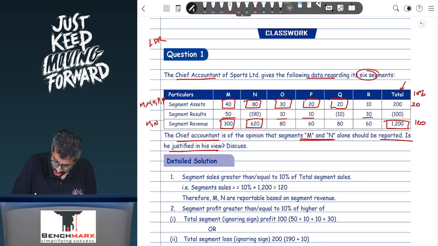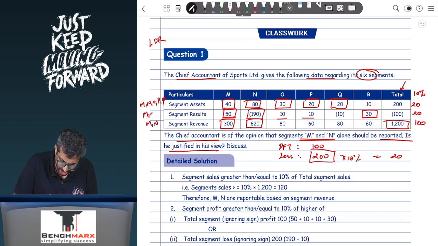So this is equal to total profits, I think, of 100. And if I take total losses, 190 and 10, that gives you 200. So higher of the two is 200. 10% of that will come to 20. So my threshold over here is 20. And when I take 20, M is reportable, and even if there's a loss, N is reportable, and then R is reportable. So basically M, N and R.